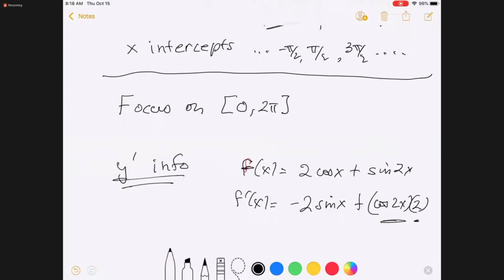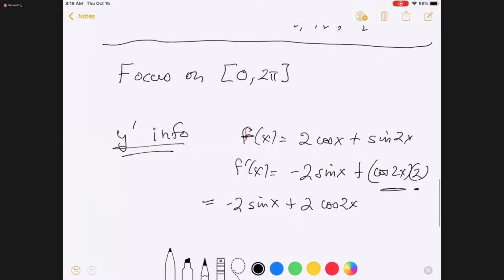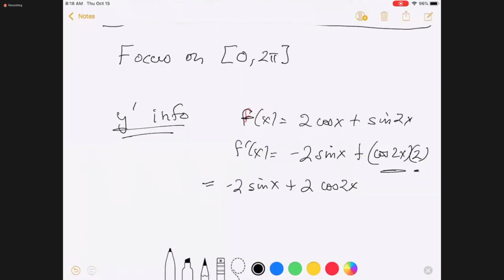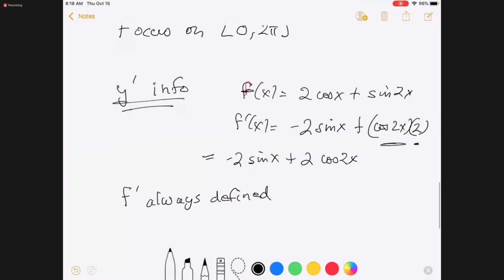So we have f prime equal to minus 2 sine of x plus 2 cosine of 2x. And that's always defined, so no critical numbers from f prime not being defined.